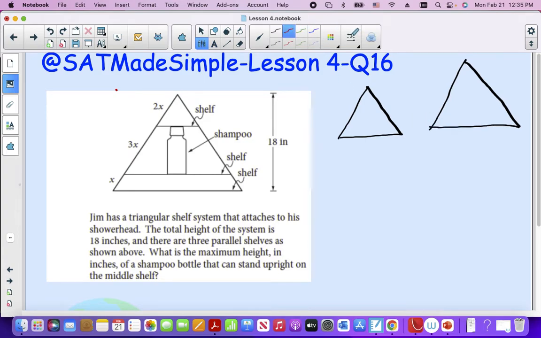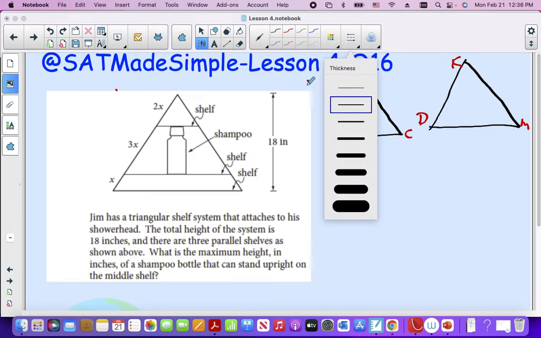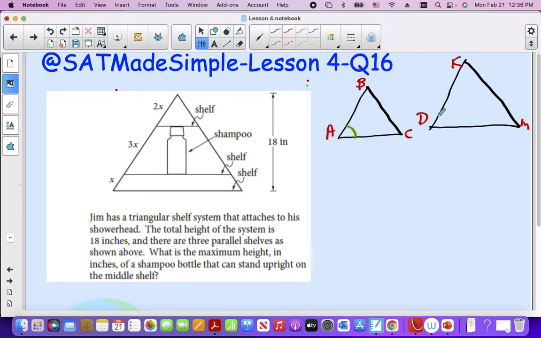So if this is triangle A, B, and C, and this is D, K, and M, if angle A is equal to the corresponding angle D, and angle B is equal to angle K, and angle C is equal to angle M, then I can say the two triangles are similar.